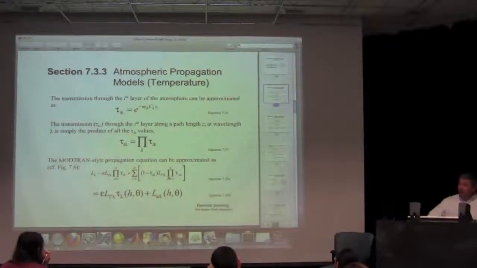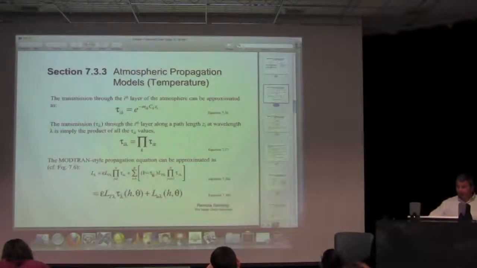So you're treating the atmosphere as a black body. You modify that black body assumption by the emissivity. And in this case, we just use emissivity 1 minus transmission. And then you multiply it by the transmission through the rest of the atmosphere. And you do that for all the layers in the atmosphere.